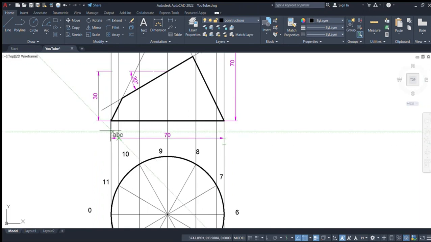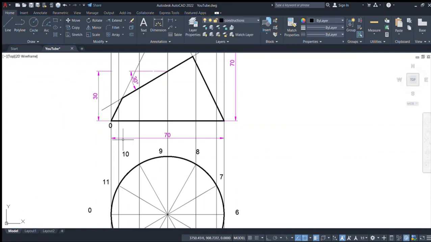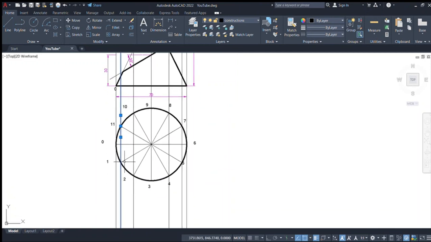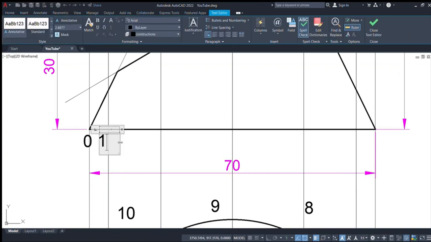This line here is line 0. This line is originating from point 1, this point 1 here, and point 11. So we write 1 and 11.